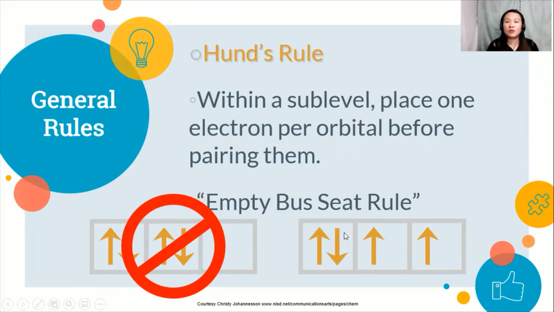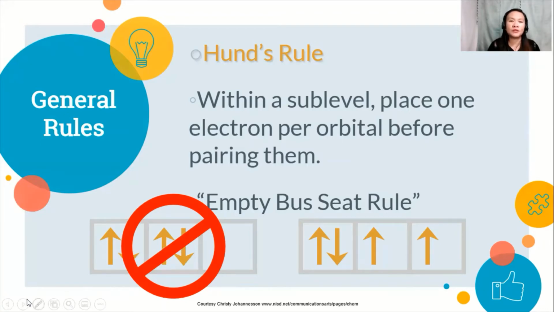Of course, what you look for is the chair that is not yet occupied. That's why we call it the empty bus seat rule. Afterwards, when every seat is already occupied, that's the time that you sit beside another person.